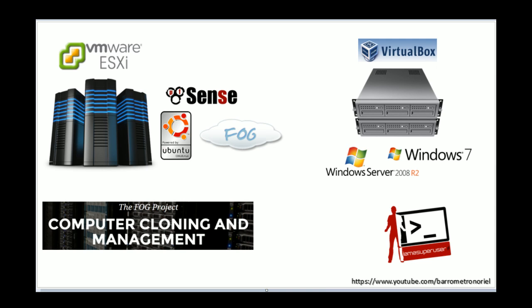Okay, so let's start. What you can do with FOG, like I said, is a computer cloning or imaging program. So you capture or image your source computer, and then later you can deploy that image to different computers on your network.